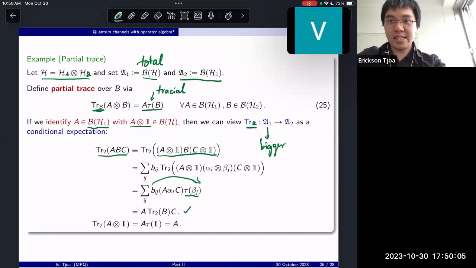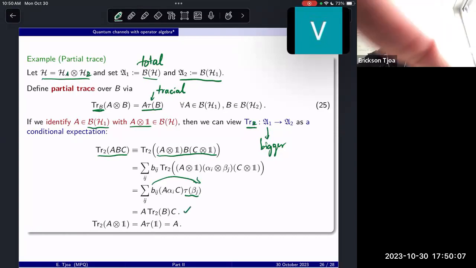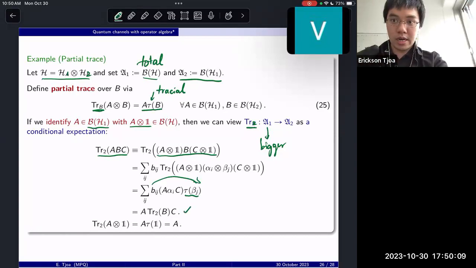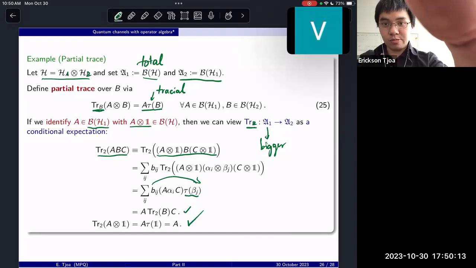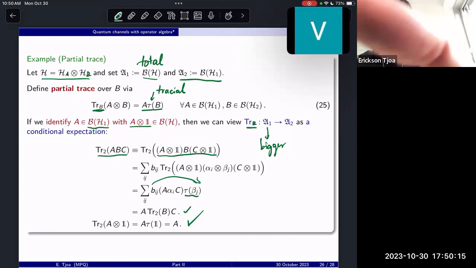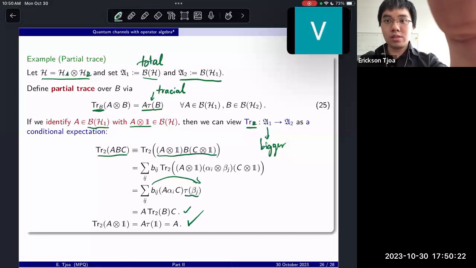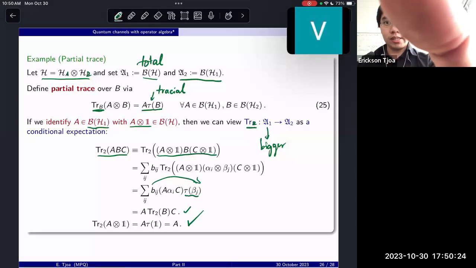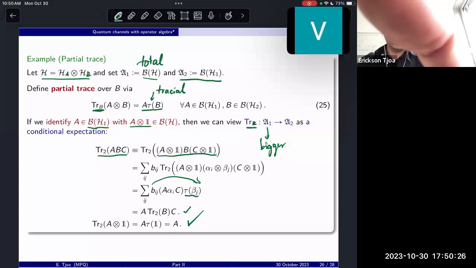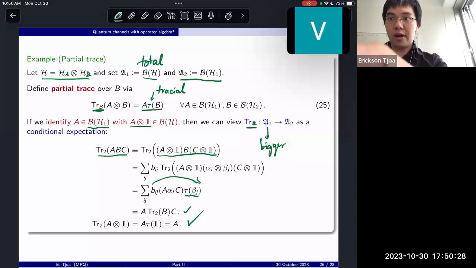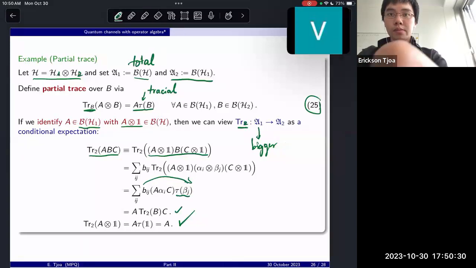And then you realize that this exactly follows what you would expect from a conditional expectation. And of course, there's another property that you need to verify, which is that the expectation value acting on just the subsystem is already itself. So here you see that the partial trace in the von Neumann algebra language is nothing but a conditional expectation, defined by equation 25.